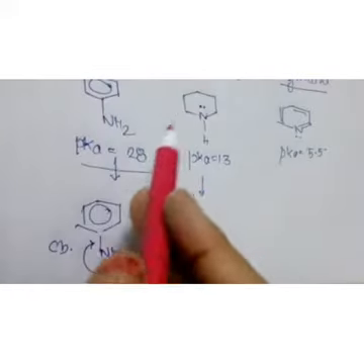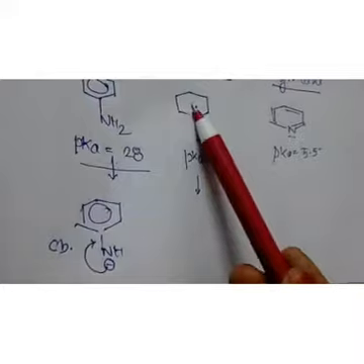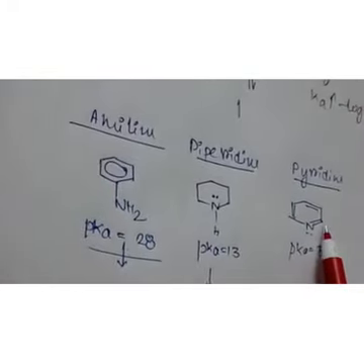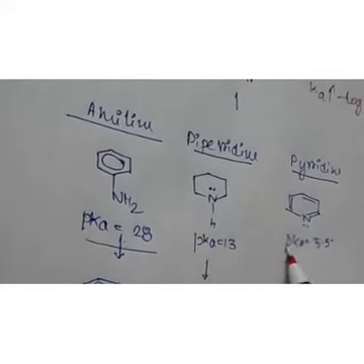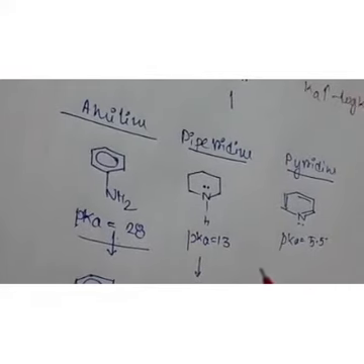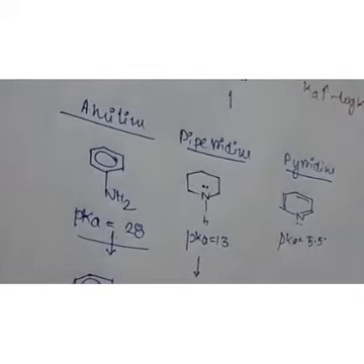And from the pK value we can understand that it is very mildly acidic. And in case of piperidine and pyridine, these pK values 13 and 5.5 are pK values corresponding to their protonation. That is not pKb actually, this is pK.